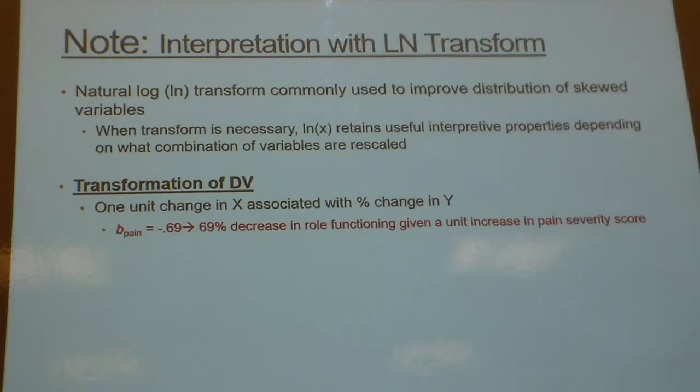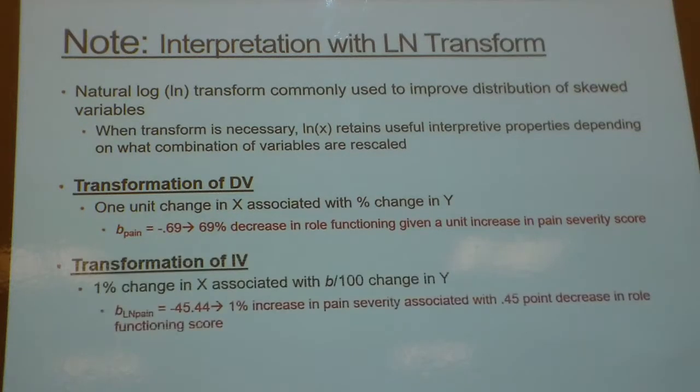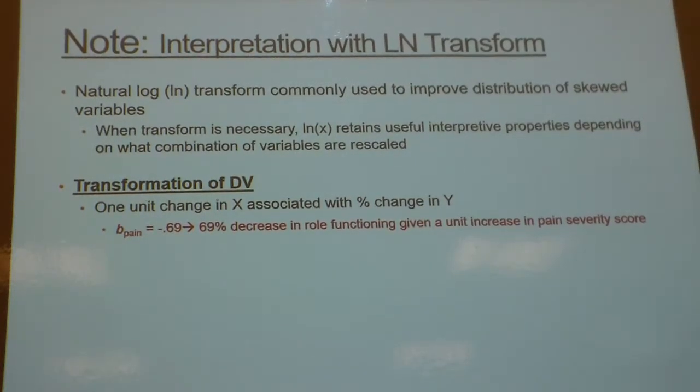That's nice, it's intuitive, it's meaningful, and so that ends up being helpful. So if we transform our outcome variable, we're interpreting our unstandardized coefficient as a unit change in X associated with a percentage increase or decrease in our outcome.